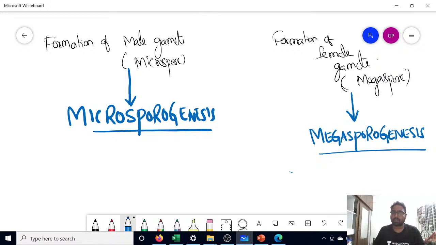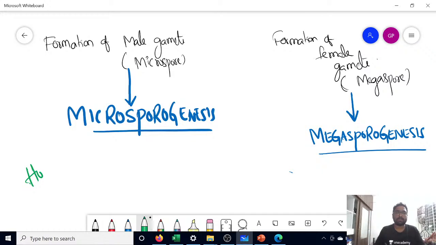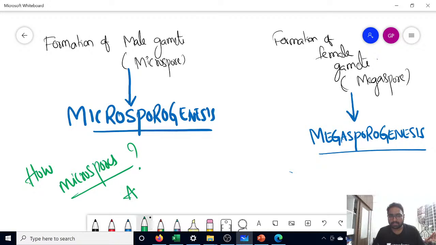So what is the topic for the day? How microspores form. How do microspores form? The answer is only one thing. Microspores form through microsporogenesis.